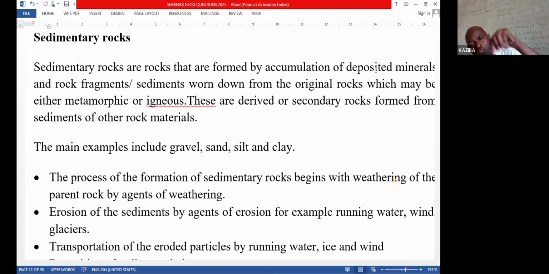So we have rocks which were initially gotten from other rock materials and are deposited in other areas. Now after that, you tell us the process for the formation of sedimentary rocks.